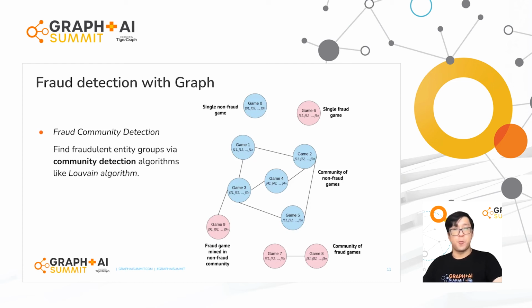Here we cannot provide too many details because the fraudsters are very clever, and they might use that information to reverse engineer our techniques. So here is just a high-level summary and overview.